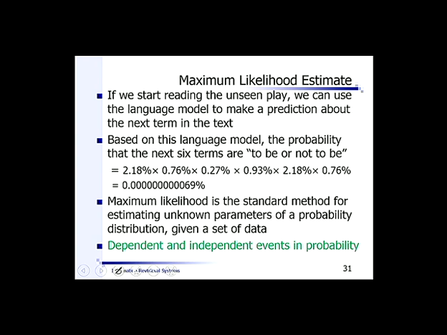How? Based on this language model, the probability that the next 6 terms are "to be or not to be". These are 6 terms. First is "to", second is "be", third is "or", fourth, fifth and sixth. So what is the probability that the next 6 terms are "to be or not to be"?